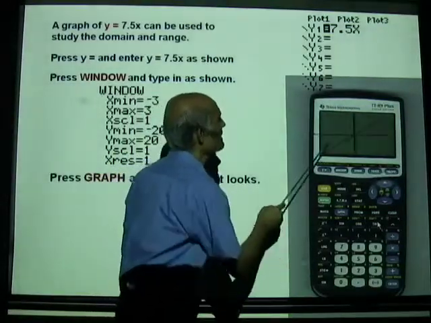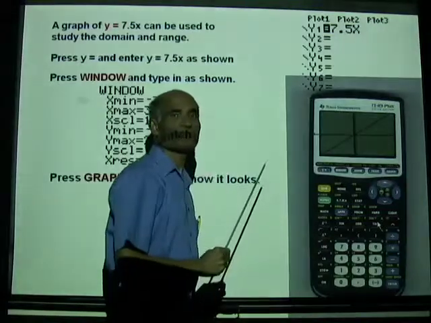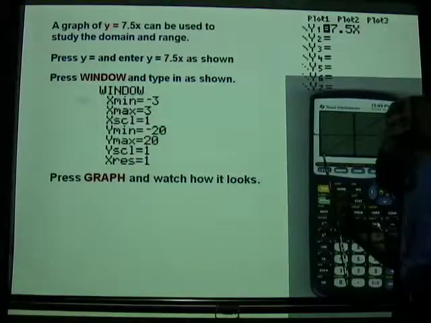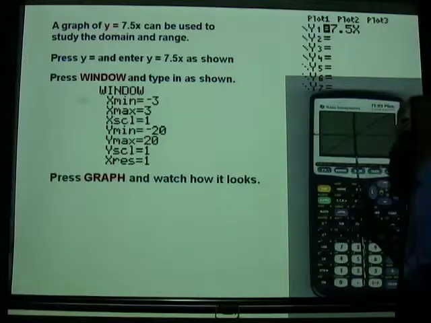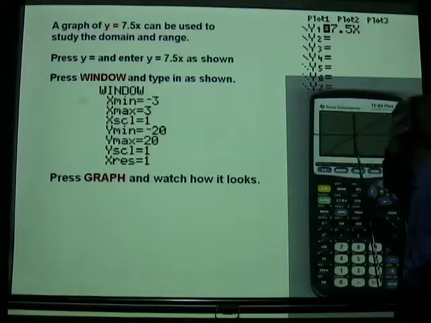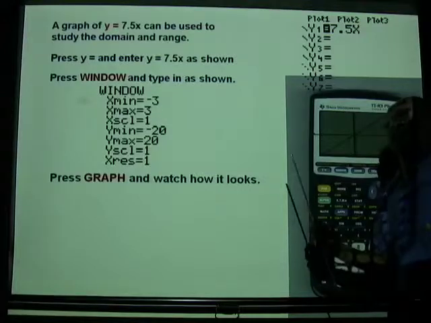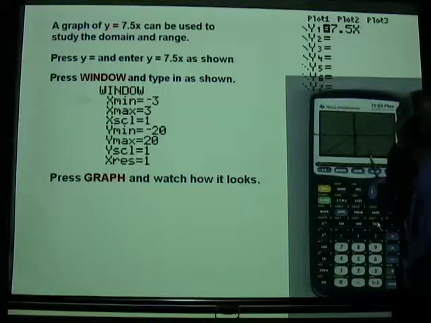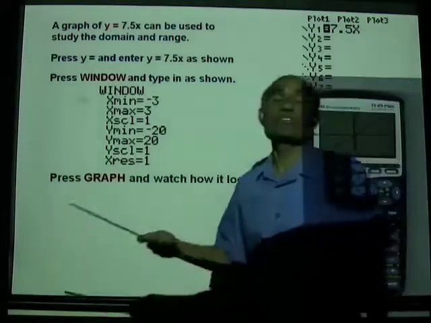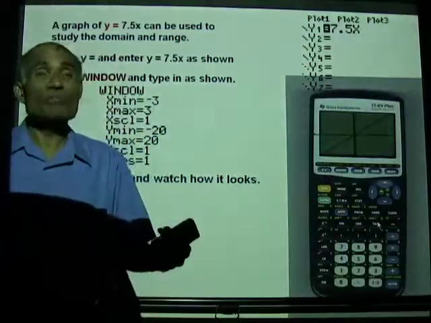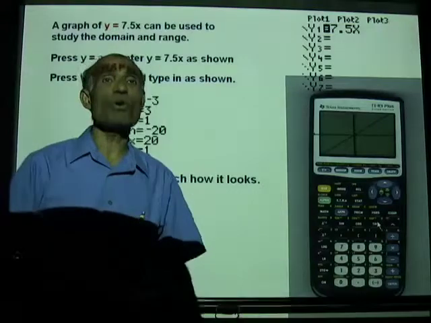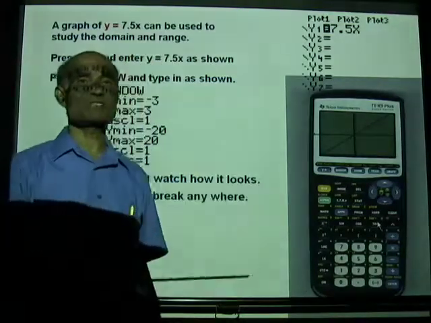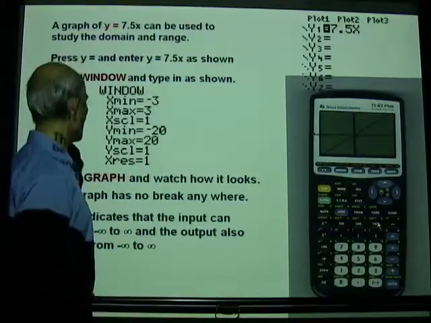Press graph, and you see the graph. What it tells you is that there is no input that is prohibited, and there is no output that is prohibited. The graph is a continuous line. That means the domain and the range both contain all real numbers from -infinity to +infinity. All right.